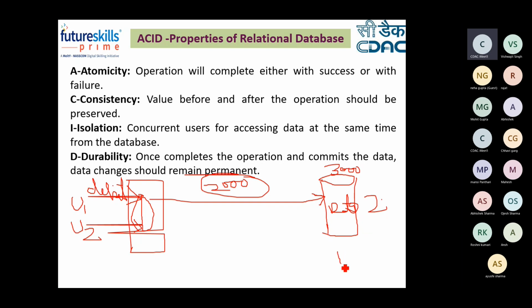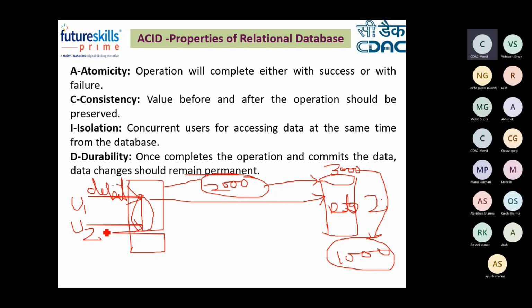It will remain 1000. So atomicity enforces that when the user performs the debit operation, 2000 rupees is debited from the account, and the final remaining balance is 1000. That process should be completed in a single cycle, and the consistency of the database should not be affected when concurrent users perform different operations at the same time.